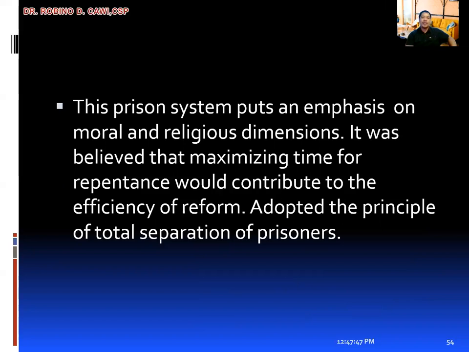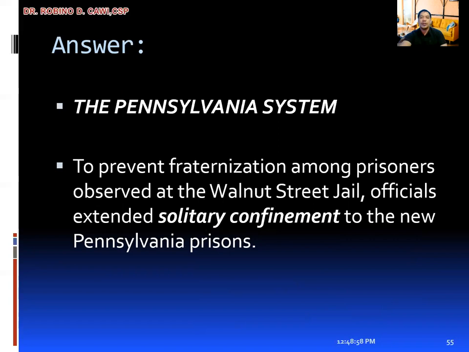While it is true that this is a form of total separation or total isolation, once a week the inmates are visited by a chaplain or a priest, to look into the progress of the readings made by the offender as far as the religious instructions are concerned. So the answer for this particular question is the Pennsylvanian prison system.